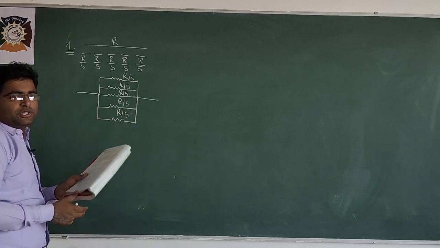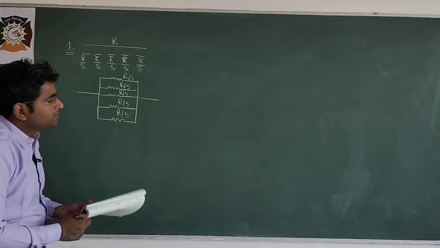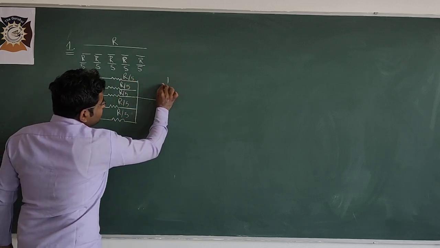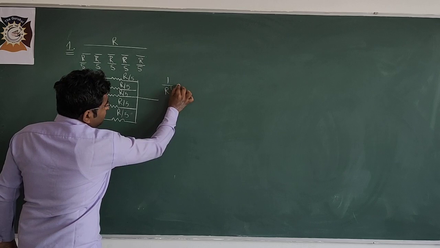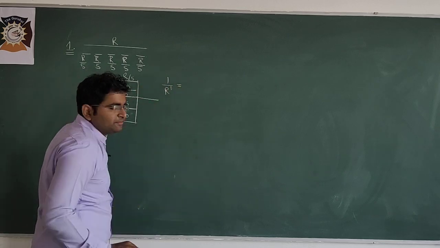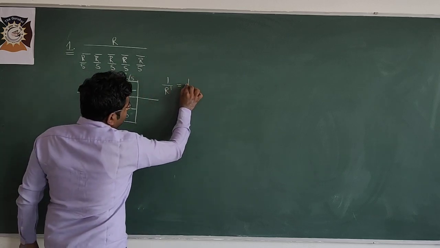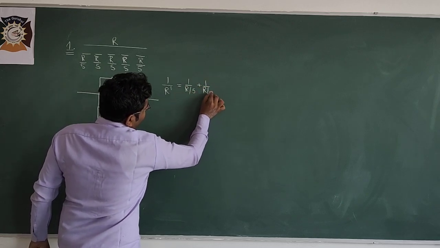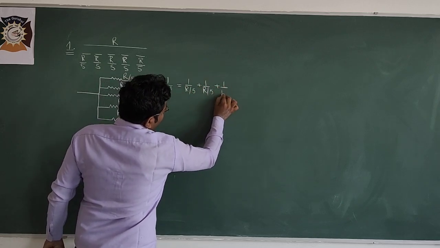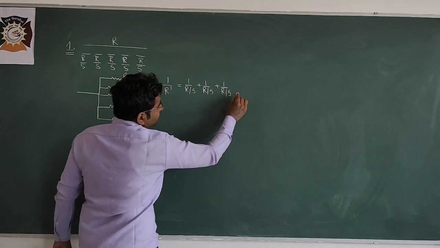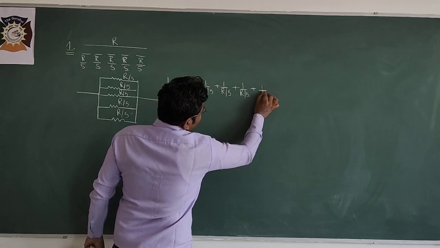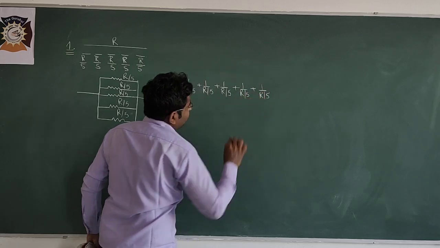Now we have to tell the resultant resistance. Okay, these are in parallel, so resultant resistance, how to calculate? 1 by R dash equal to 1 by R over 5 plus 1 by R over 5 plus 1 by R over 5 plus 1 by R over 5 plus 1 by R over 5.